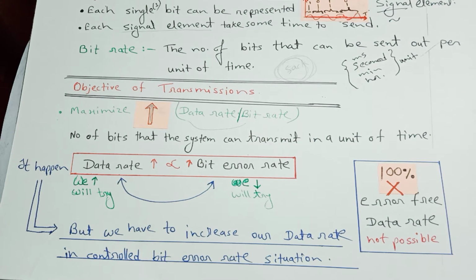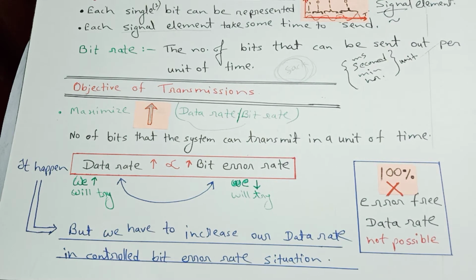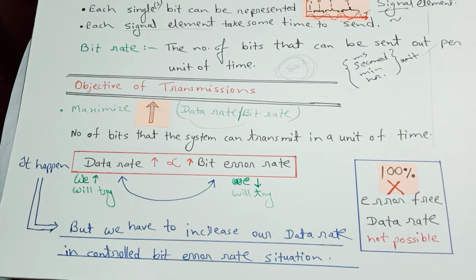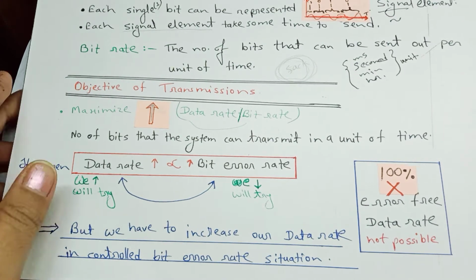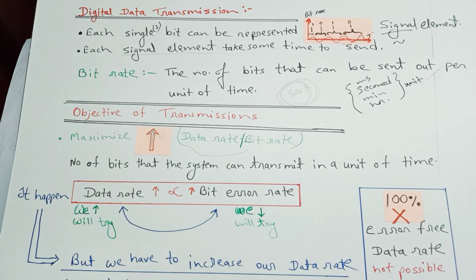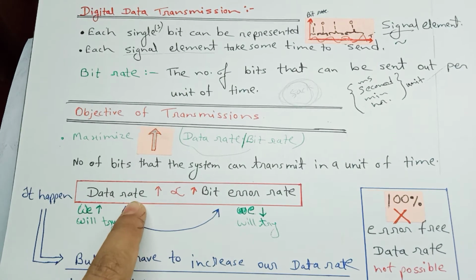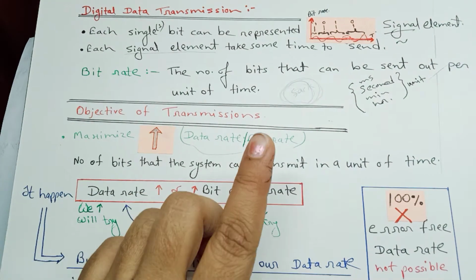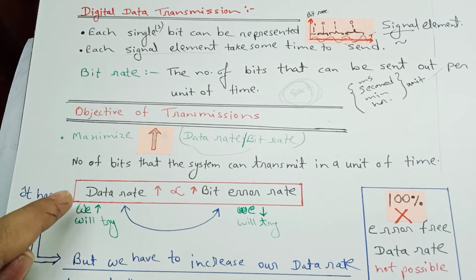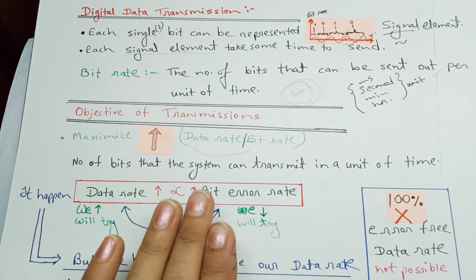There is no transmission medium in which there is 100% error-free data. It is not possible. But the objective of transmission is to minimize the bit error rate and maximize the data rate or bit rate.